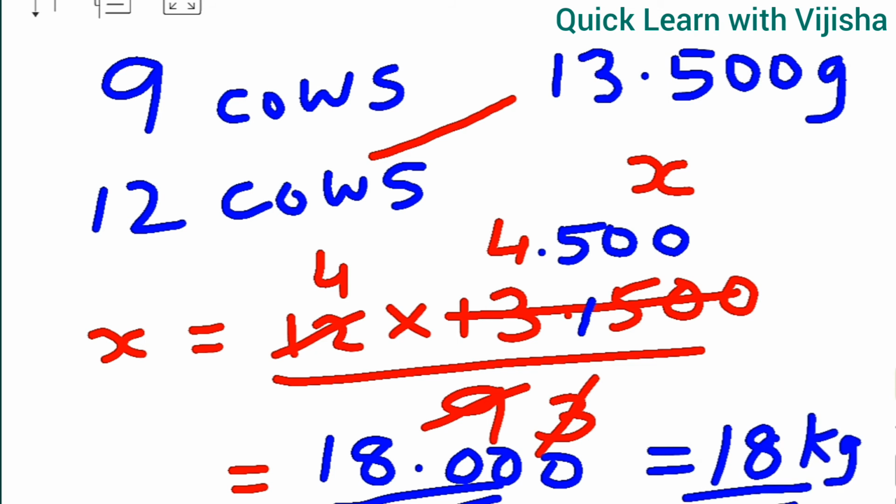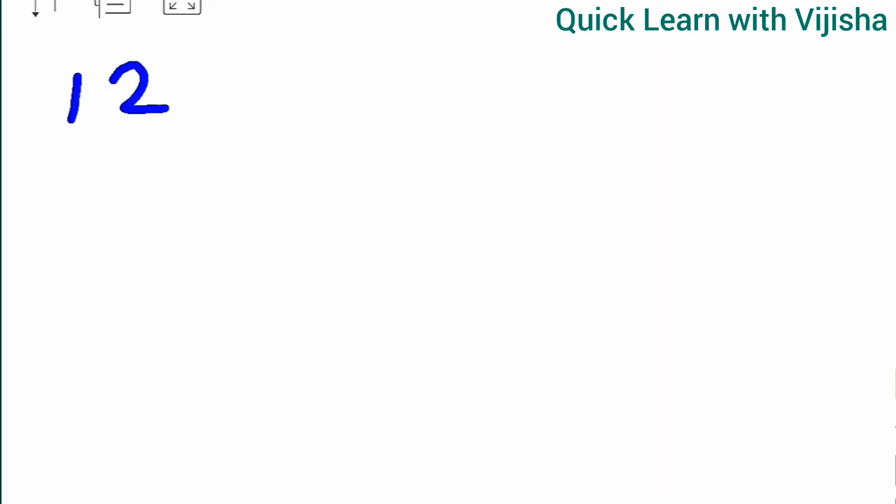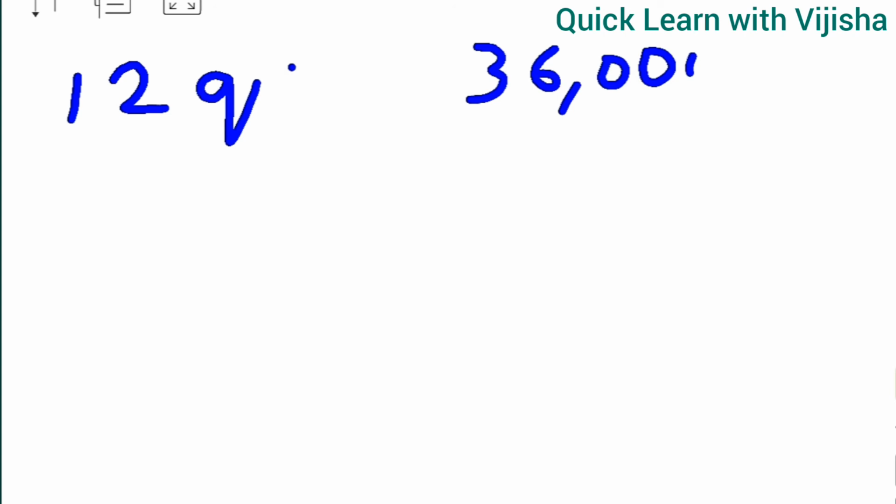Fine children, we'll see the fourth question. The cost of 12 quintals of soybean is 36,000 rupees. How much will 8 quintals cost? Same process we will be doing. 12 quintals cost is given, 36,000 rupees, so I will write down 36,000, and for 8 quintals we need to find.